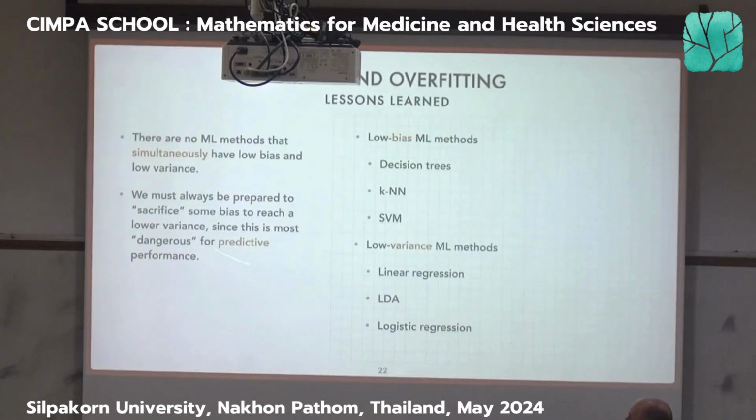We must always be prepared to sacrifice some bias, some accuracy, to reach a lower variance, since variance is the most dangerous for what's called predictive performance. What we're interested in is not the performance in training. We're interested in the performance of our method when we use it to predict. That's called predictive performance.